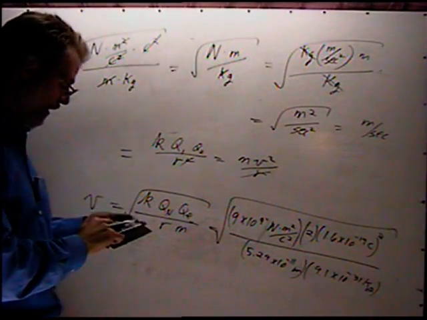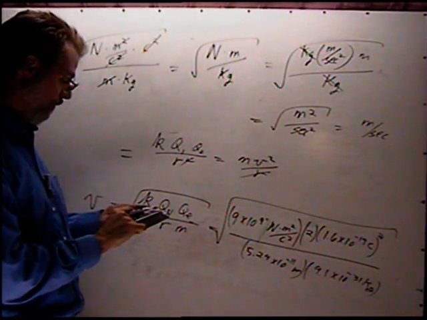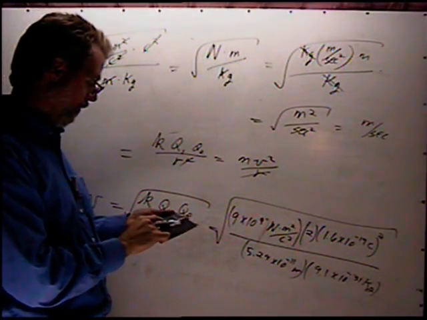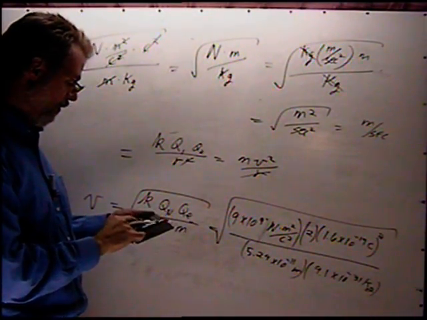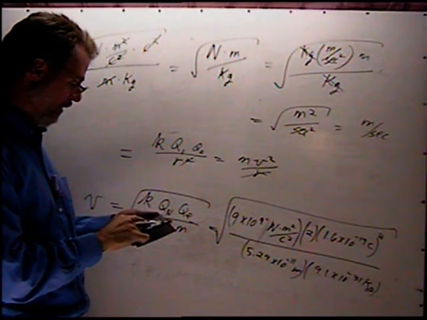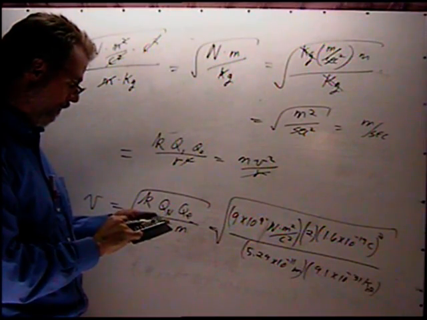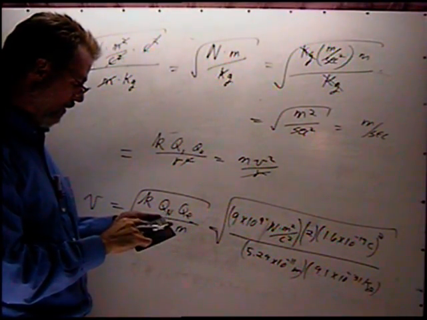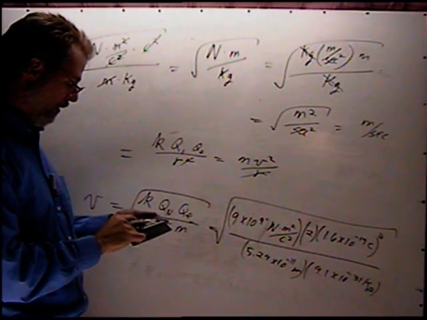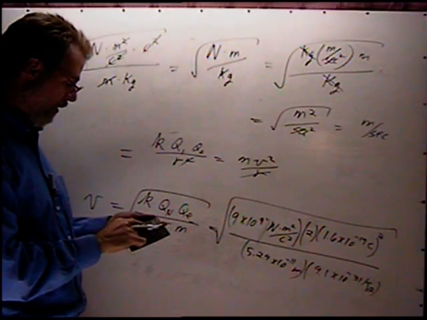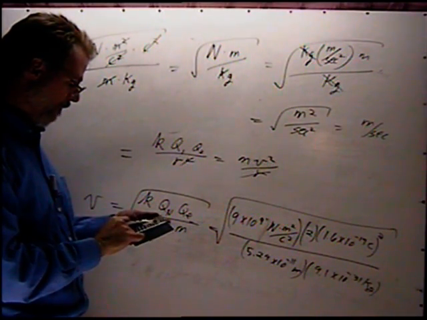Okay, so 9 e to the 9th times 2 times 1.6 e to the minus 19 divided by 5.29 e to the minus 11 divided by 9.1 e to the minus 31.